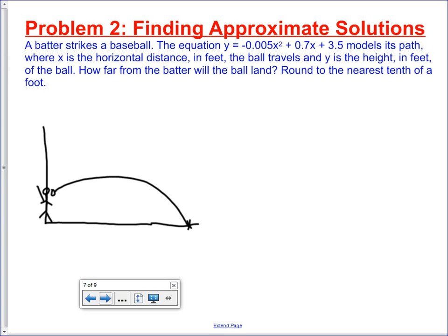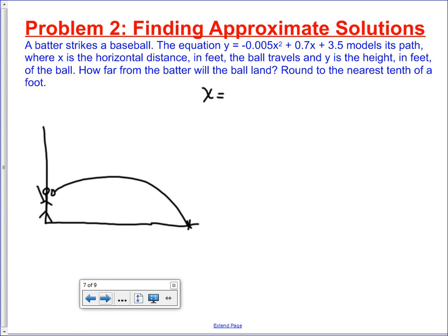That point right there is going to be the solution to our problem. So we're going to use the quadratic formula to solve this. I may have to erase my drawing in a minute, but I'll wait.